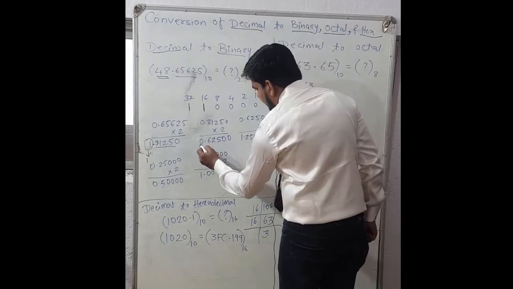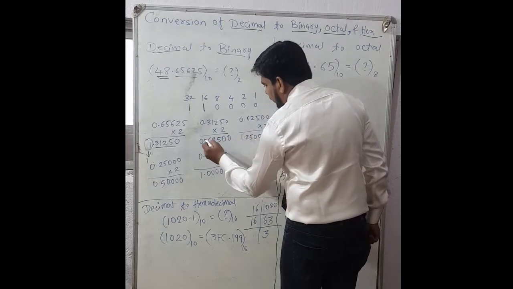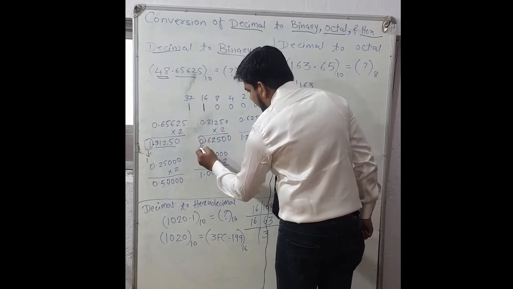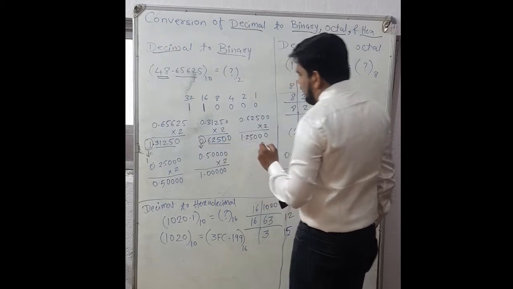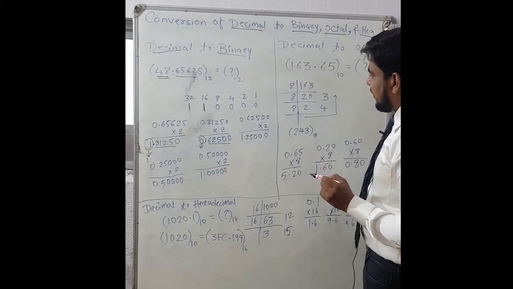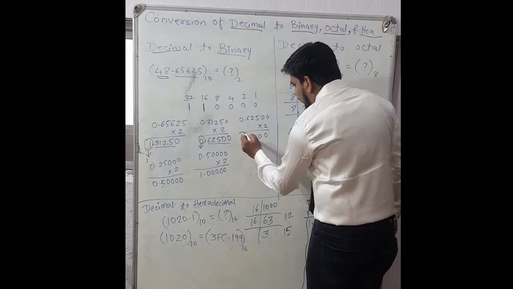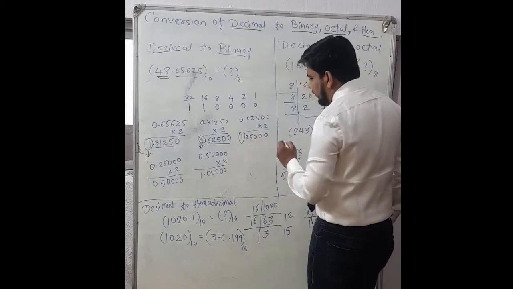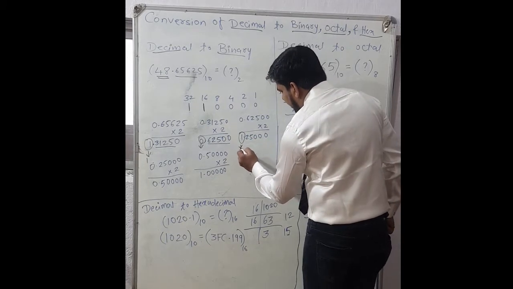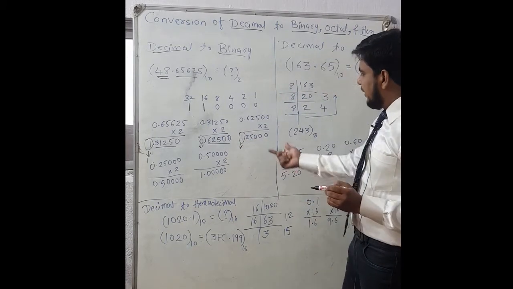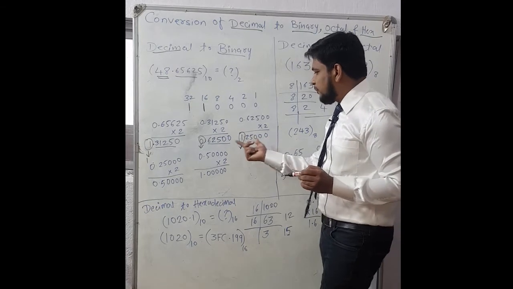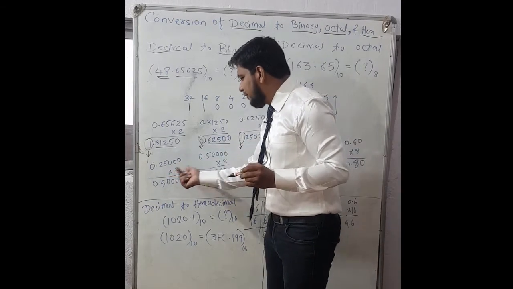So we get 0.62500. This 0 is separated, and the remaining 0.62500 is multiplied by 2. So it becomes 1.25000. This 1 is the carry, separated, and the remaining digits, 0.25000, are multiplied by 2 again.